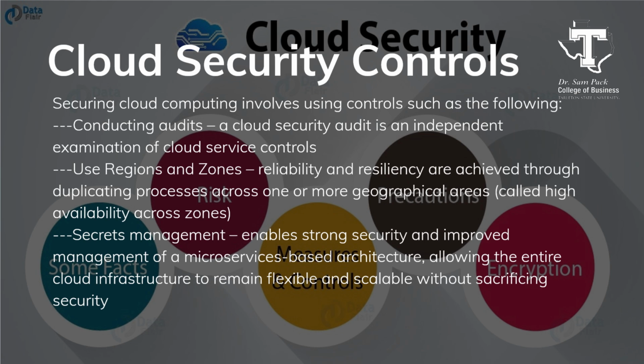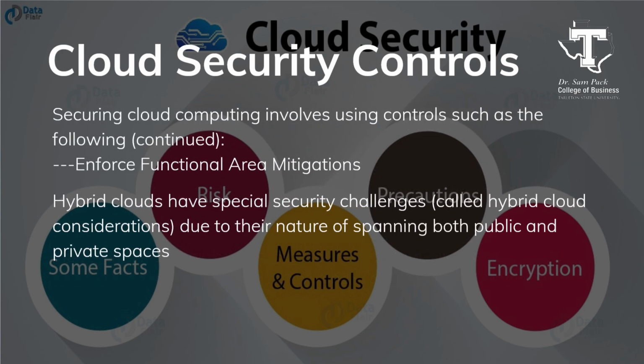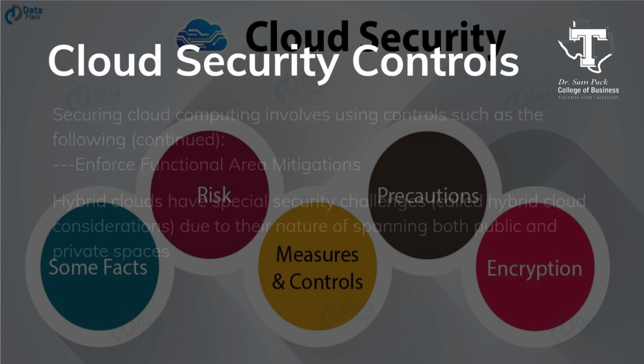Implementing robust security and improved management for microservices-based architectures, maintaining flexibility and scalability without compromising security. Securing cloud computing also involves enforcing functional area mitigations, implementing specific security controls tailored to various functional areas, as well as addressing hybrid cloud considerations, managing special security challenges unique to hybrid clouds, which span both public and private environments.